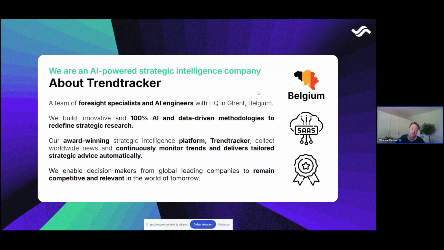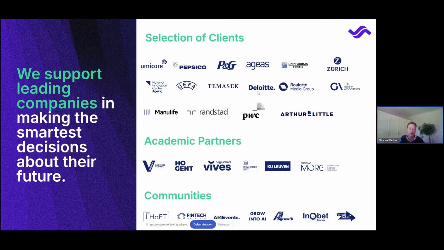Now, here you see a selection of a couple of our clients that we are supporting in the last 4.5 years that we exist. What I want to explain here really is that Trendtracker is an industry-agnostic solution. So it can work for any company, any industry, and these are just a couple of brands that we have the opportunity of collaborating with and using our platform Trendtracker to just stay relevant and make better decisions about the future direction of their companies.